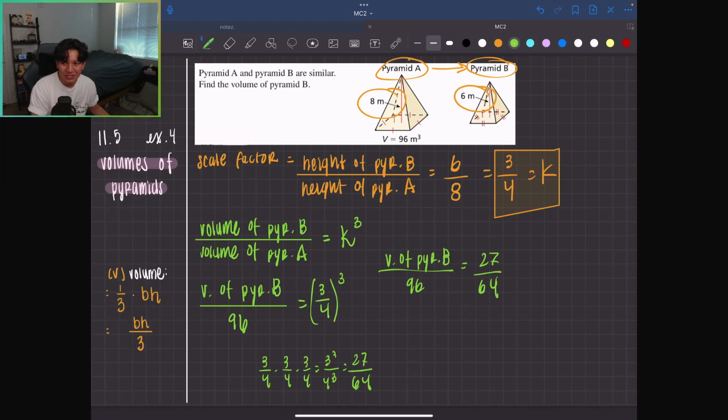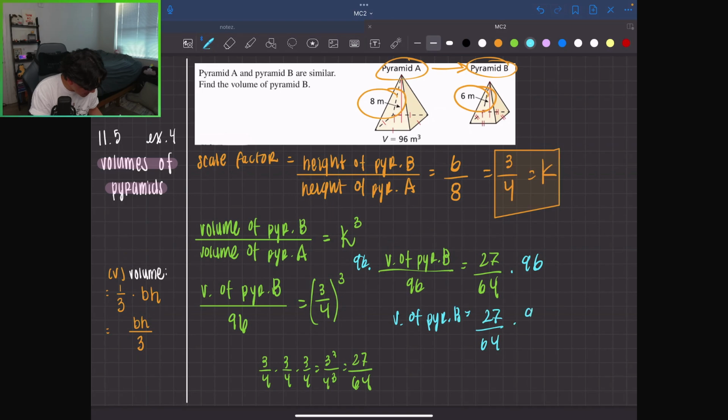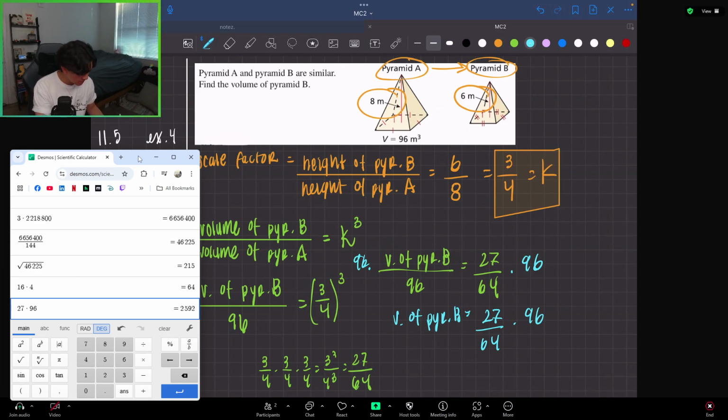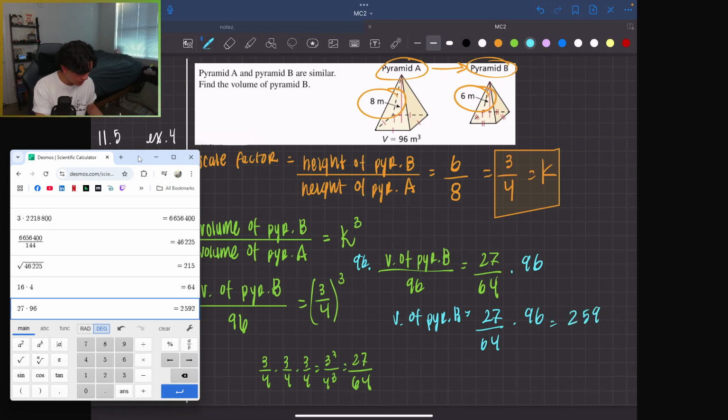The next thing we're going to want to do is start isolating this. So let's multiply both sides by 96. Now the volume of Pyramid B equals 27/64 times 96. Let's pop this into a calculator and see what we get. If you wanted to show your work, you could do 27 times 96 divided by 64, which is what we're going to do. So 27 times 96 is 2,592.